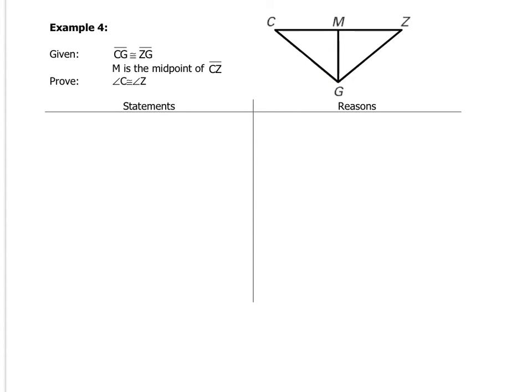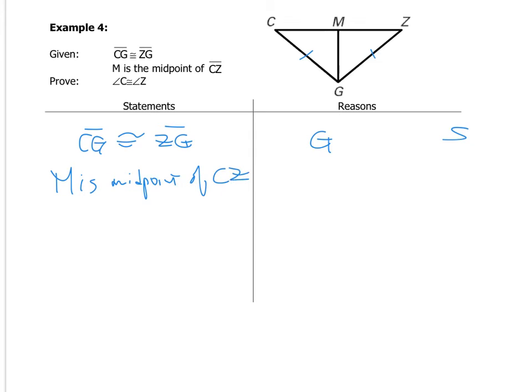Let's look at this example. We know CG and ZG, that's given. These two are congruent. That's great. I have one side already, so I have my first side here. And I also know that M is the midpoint of CZ.